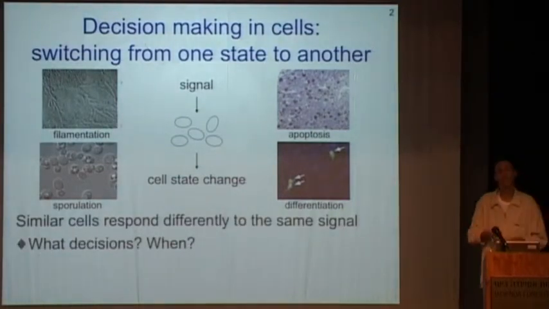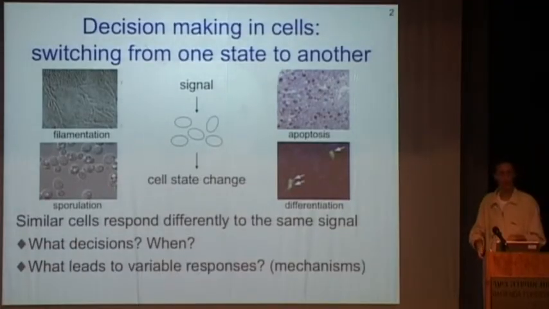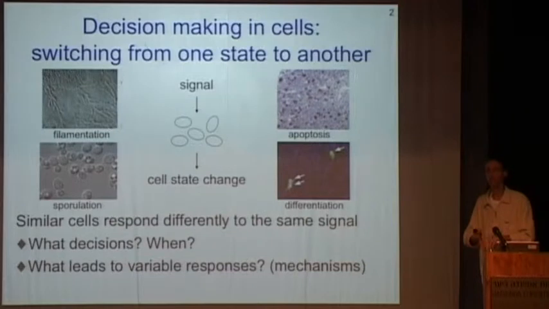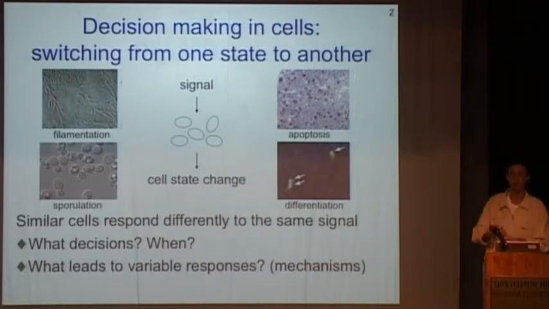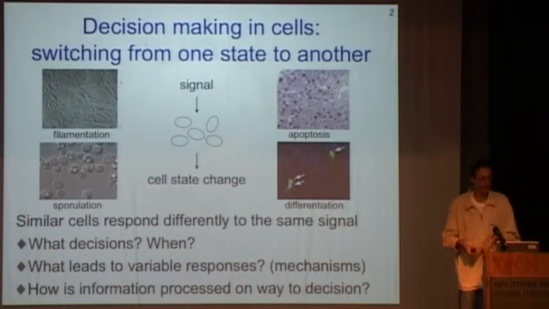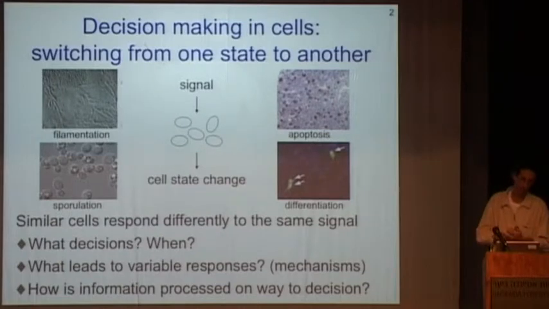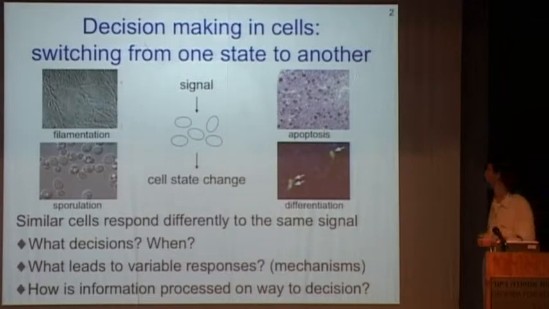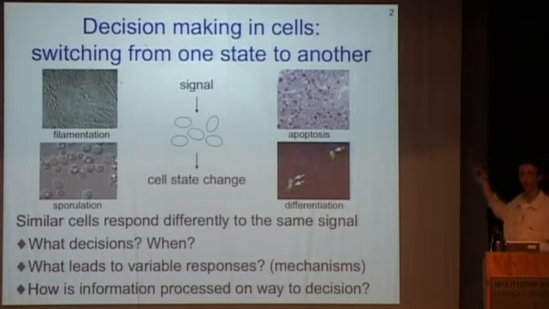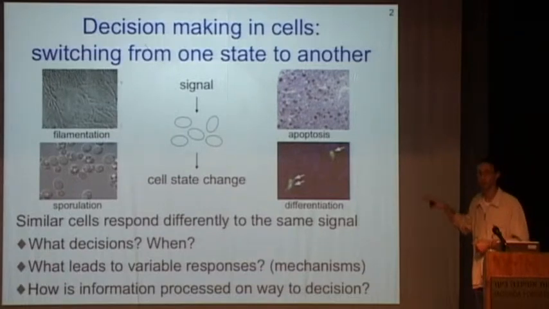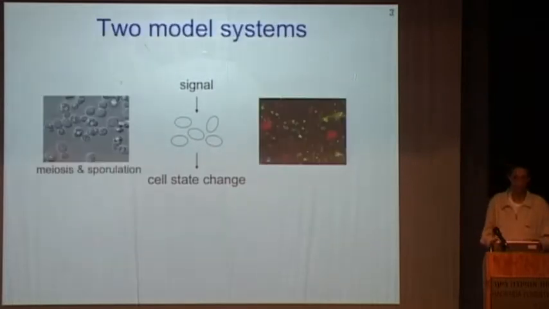So we're interested to ask what kind of decisions or responses cells can make. What are the mechanisms and factors leading to different responses? And in a more mechanistic or information perspective, how do the cell systems or networks process information from the environment to reach these kinds of decisions?